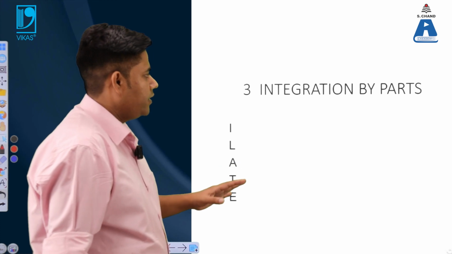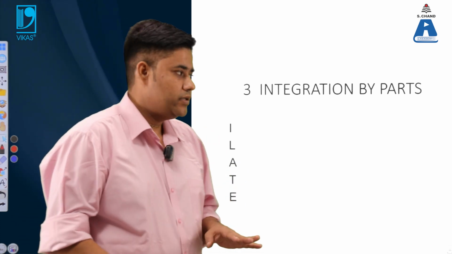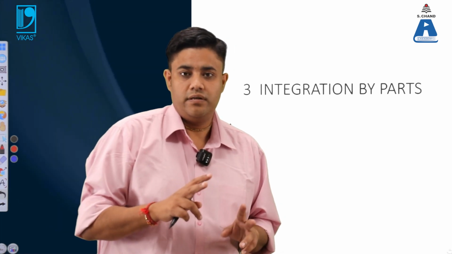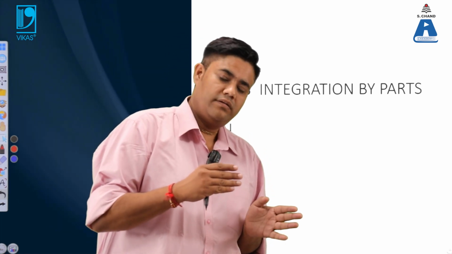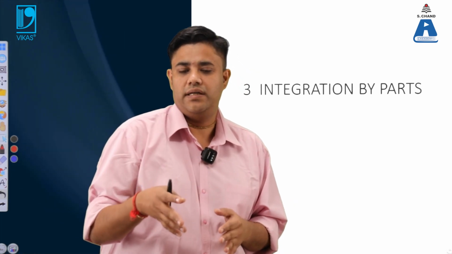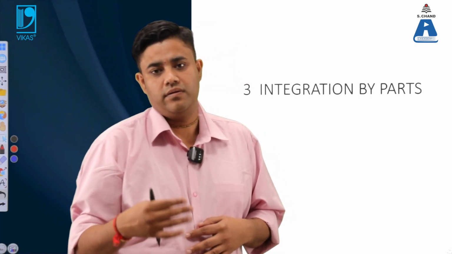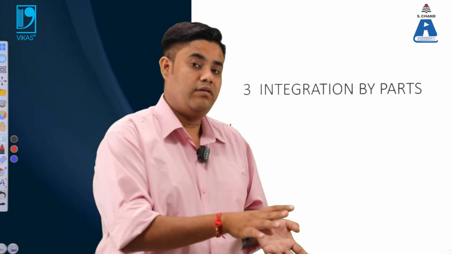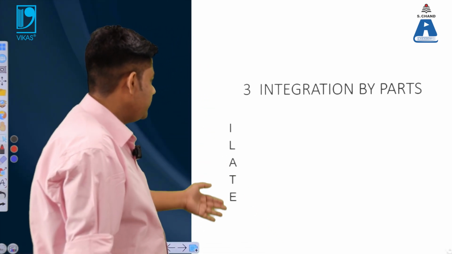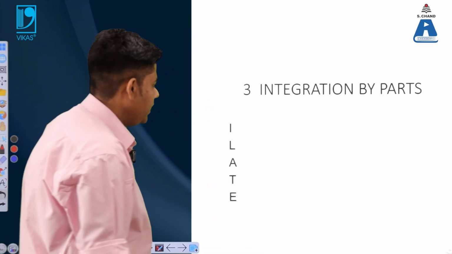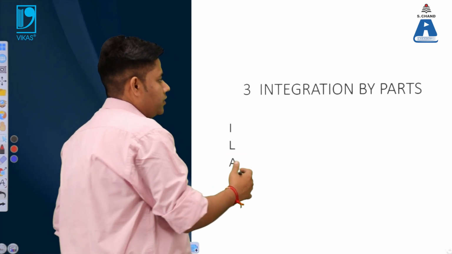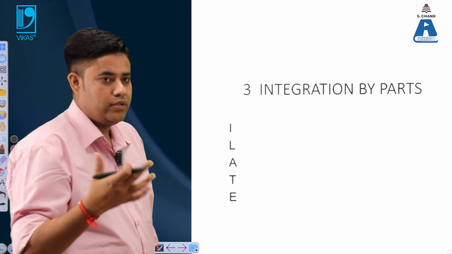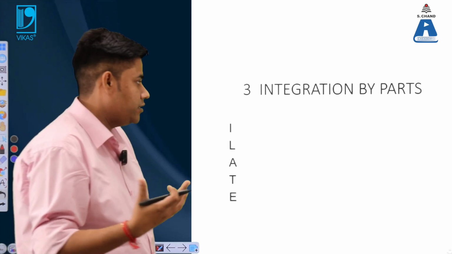The third case is integration by parts, in which we have to integrate products of two different functions, let's say x sine x, or x into e raised to the power x, or x into log x, or we just want to integrate log x. For that we have a procedure, ILATE, which is used for giving preference to a particular function.